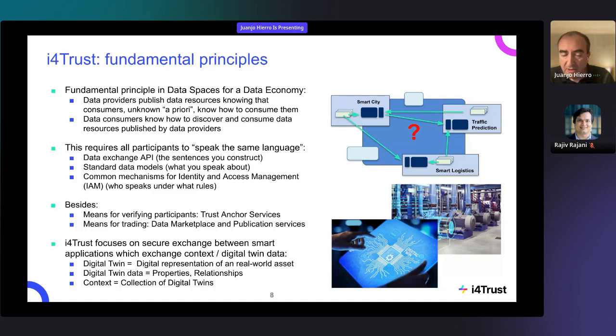And there is where we have the vision of data service marketplaces as well as publication services. i4Trust focuses on a concrete kind of data spaces, where participants are exchanging digital twin data, and all these frameworks for trust anchor services and decentralized identity and access management, plus marketplace services, are components that will be provided.